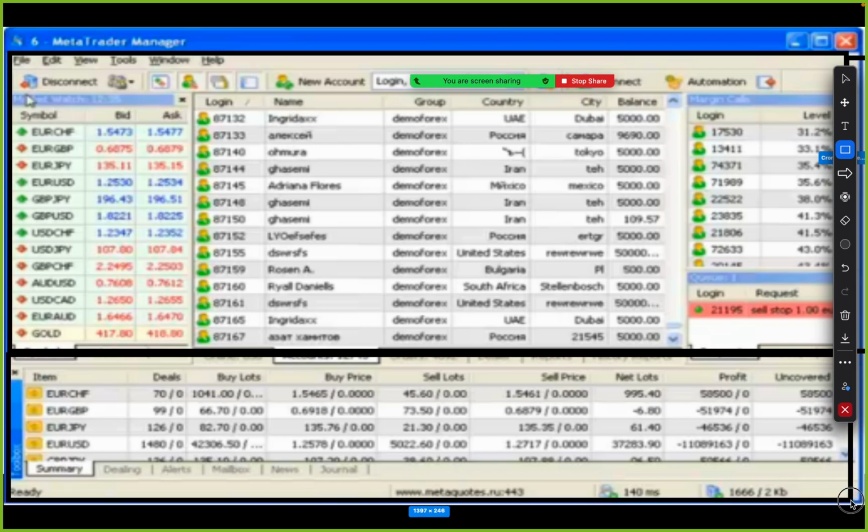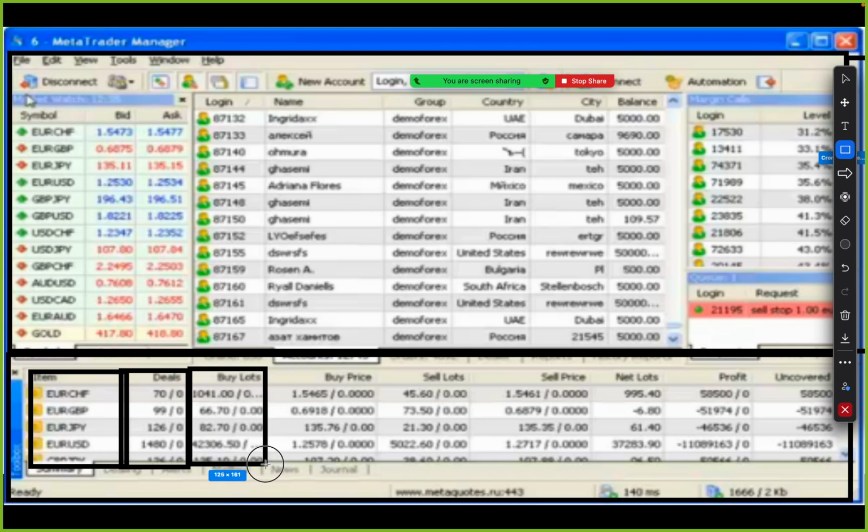In the bottom we have the toolbox. In the toolbox, primarily the dealer is looking at the symbol, the activity, how many buy lots the market is selling to the retail trader, or how many sell lots the market is buying from the retail trader, and at which price points these transactions are occurring.